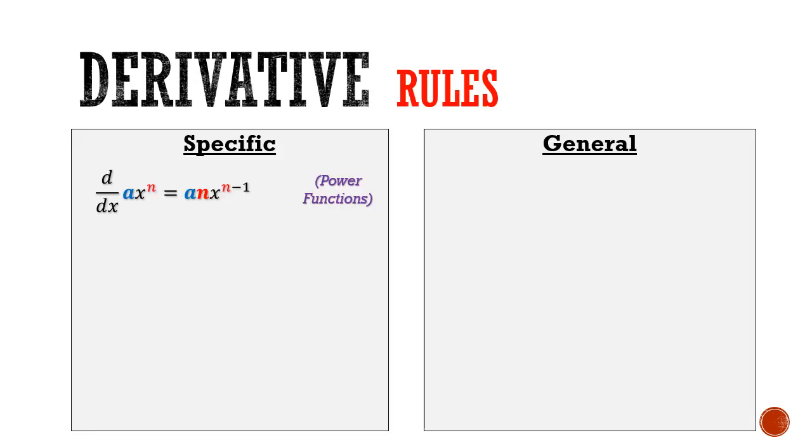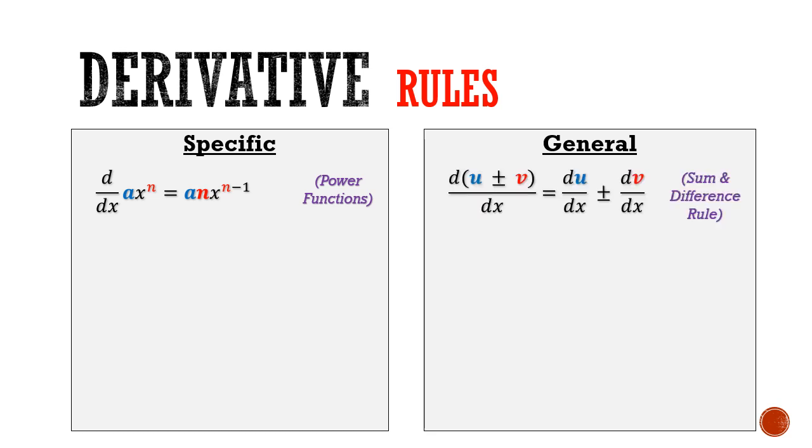Now, aside from the power rule that only applies to power functions, we have also come across a few general rules over the past few videos. In part 1, we covered the sum and difference rules that state that you can add or subtract the functions together before or after finding the derivatives. In part 2, we learned about the chain rule, and that applies to the composition of any functions.